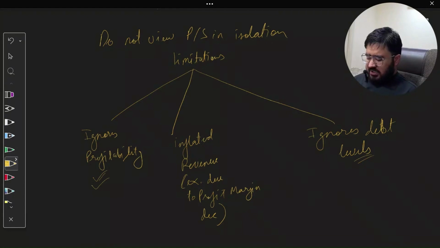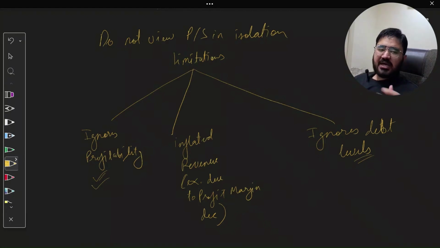The second point is sometimes the company inflates its revenue by lowering its profit margin. So for some time the company's profit margin has been reduced, thereby its product is more attractive to the general public and thereby the revenue increases.